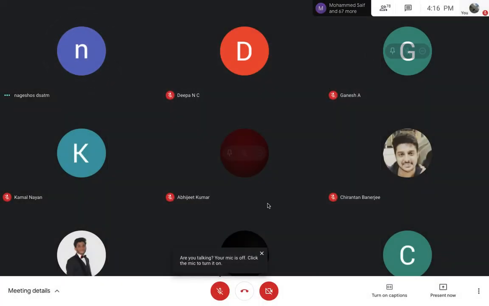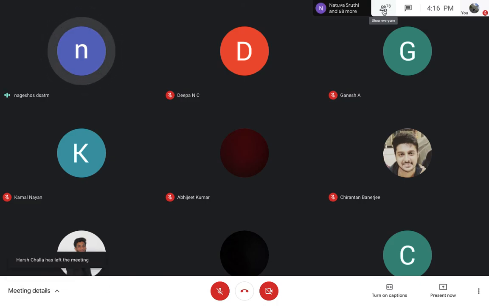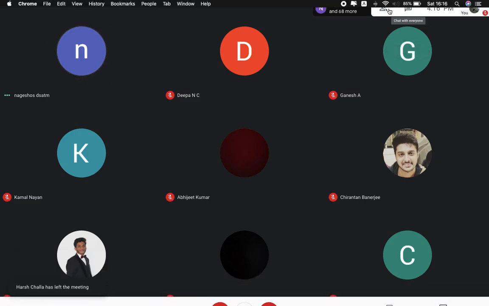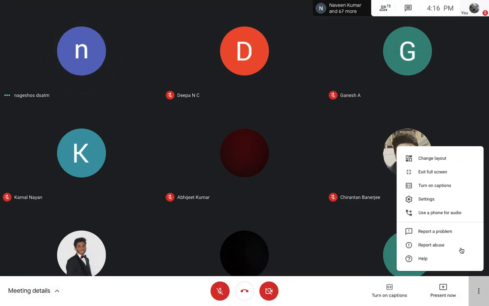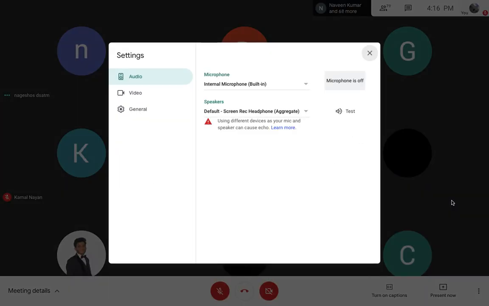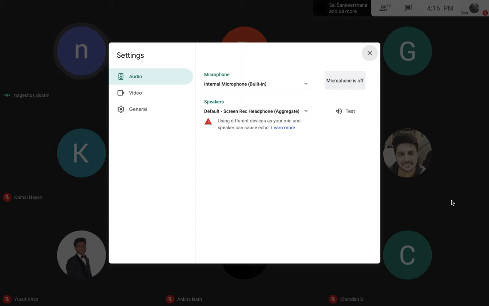Asta is not present. Then 2, Abdul Yusuf Khan. Present, sir. Then 3, Abhijit. Abhijit absent.